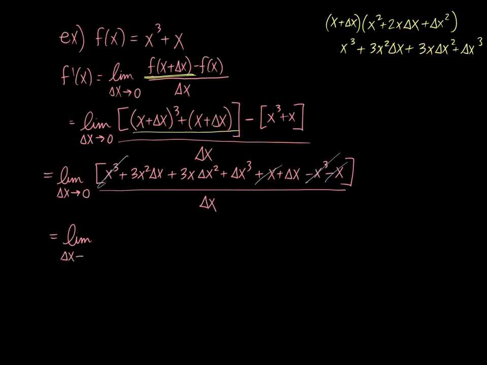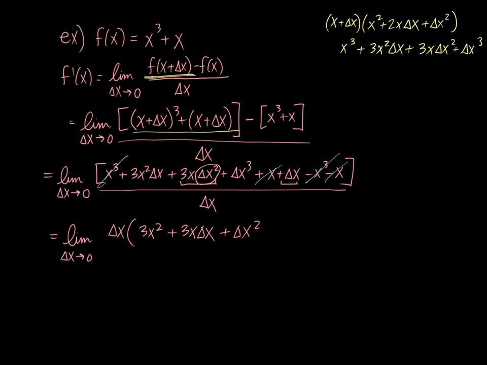Limit as delta x goes to 0. Let's get that delta x out and see what's left in each term. 3x squared plus 3x delta x. See, this term had 2 of them. It had delta x squared, so when I took 1 out, I was left with 1 in. Delta x cubed, I take 1 out, I'm left with 2.